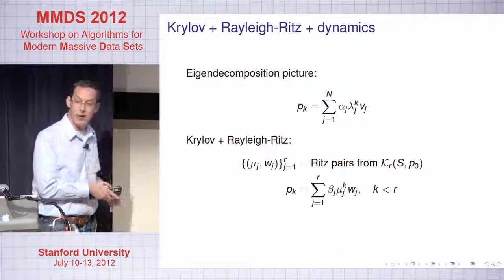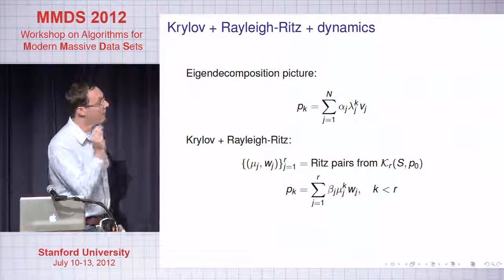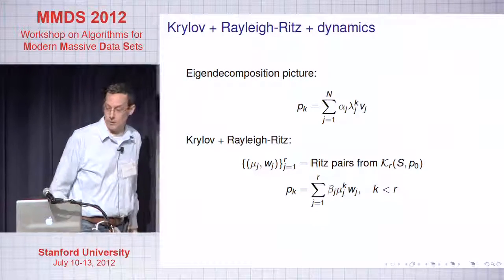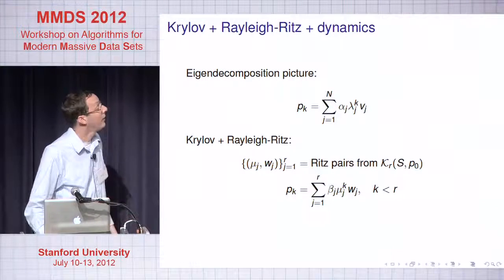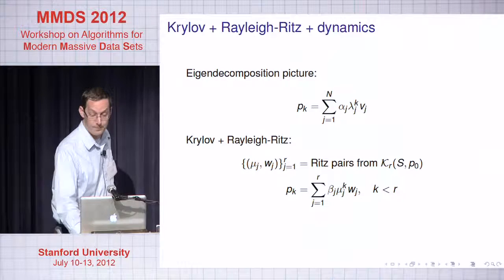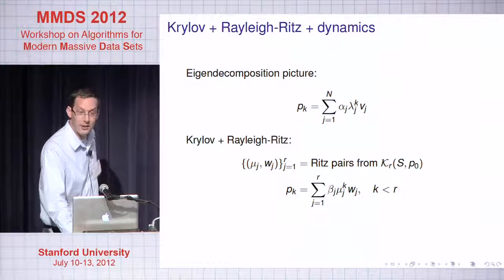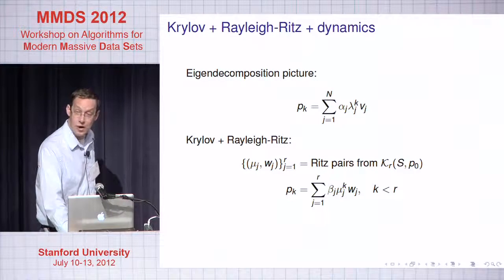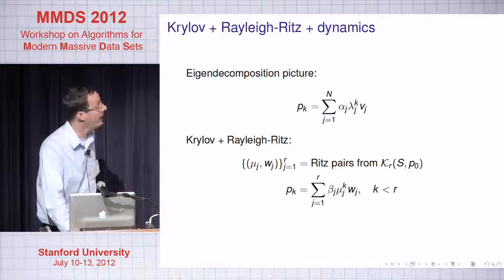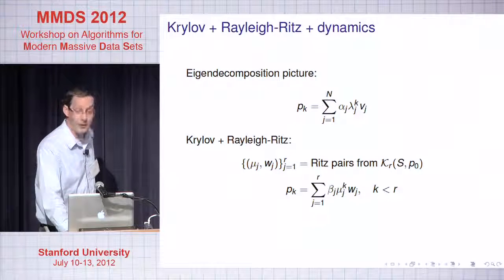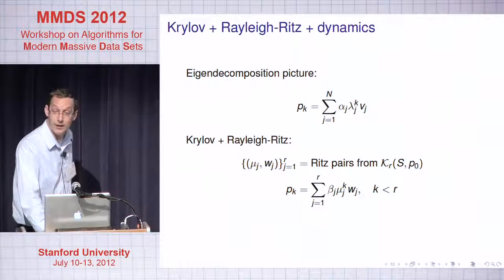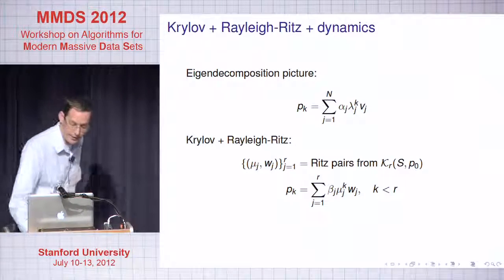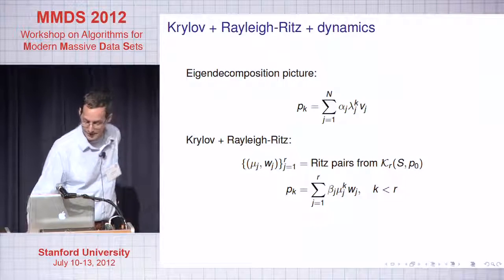I can write down what's happening in terms of multiplying the coefficients in this linear combination by powers of the Ritz value. So where eigenvalues give you something about the long-term dynamics of a Markov chain, these Rayleigh-Ritz approximations, given a Krylov subspace, tell you something about short-term dynamics. Intermediate asymptotics, which is the type of thing that I like to think about.